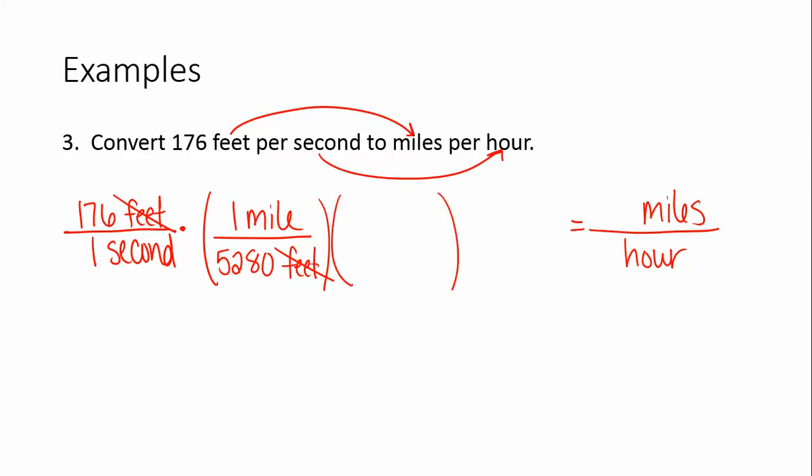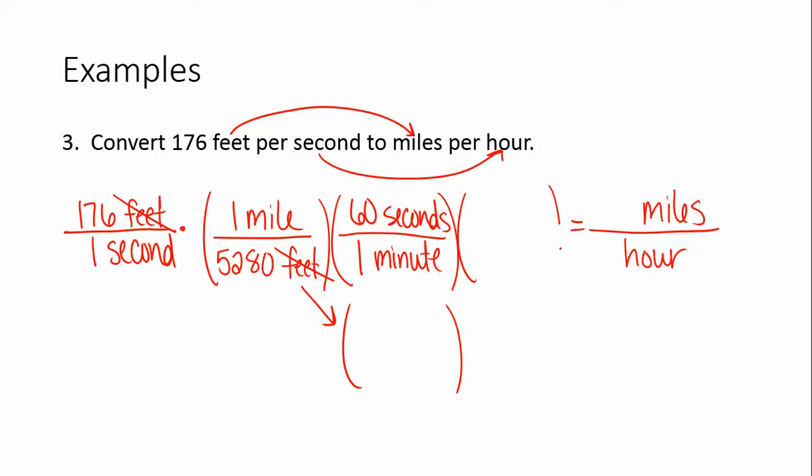Now we need to convert seconds to hours. And you can do this one of two ways, and I'm going to show you a second way down here. The first way would be to convert 60 seconds in 1 minute, and then convert 60 minutes to 1 hour. Now watch what happens with my units.